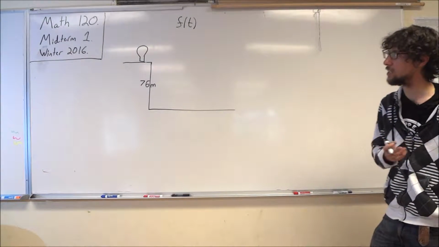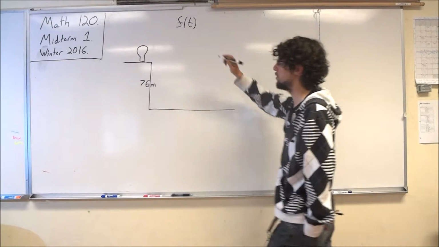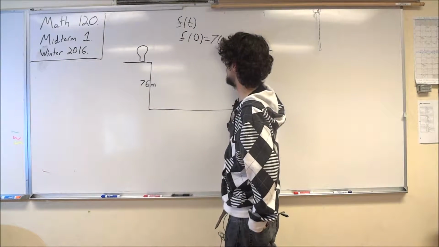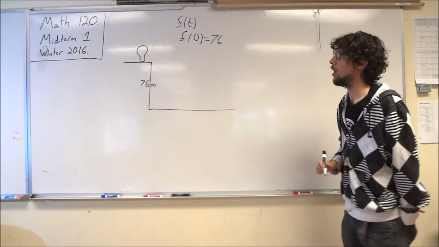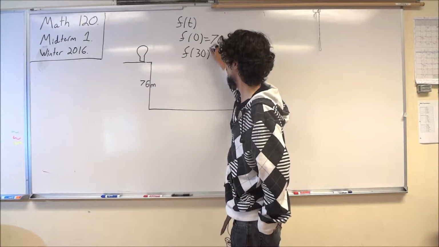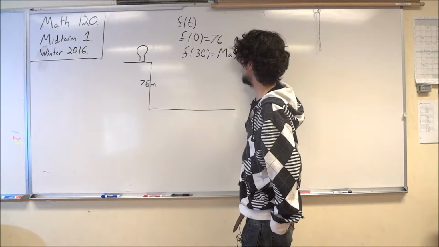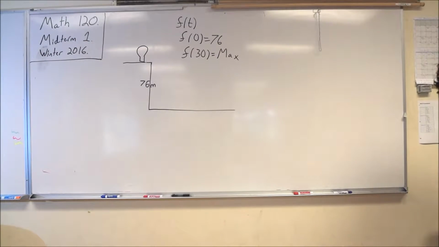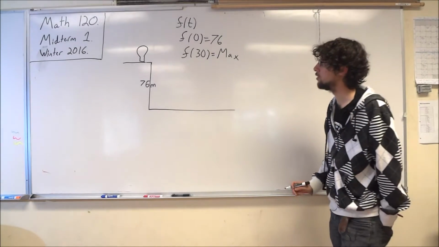And we know a few things about this balloon's motion. In particular, we know that it starts at 76 meters off the ground. We know that its peak is 30 minutes after departure.